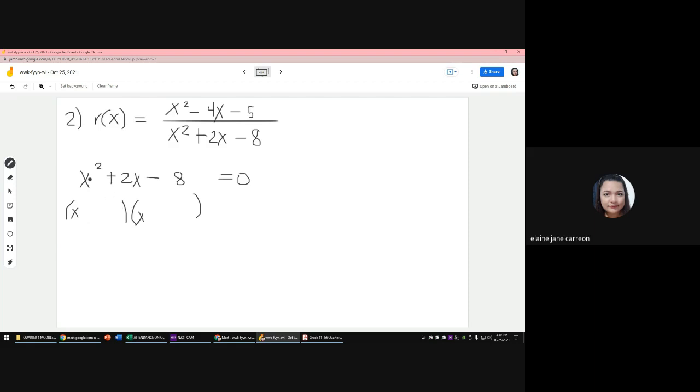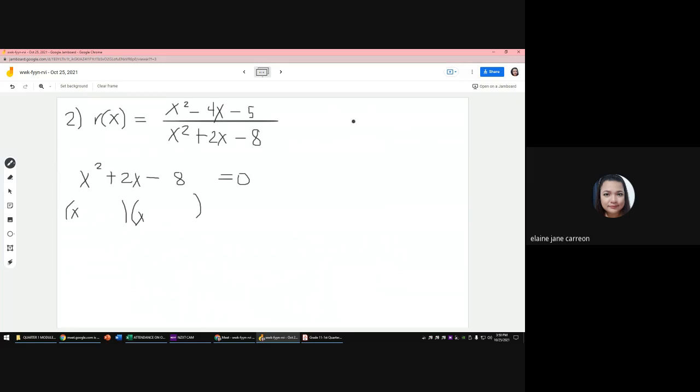So the square root of x squared is x. The factors of negative 8, when you combine it, you will obtain positive 2. Ulitin ko, ano yung mga factors ni negative 8? Pagka inad mo or kinumbine mo, makukuha mo positive 2. Ano yung mga factors niya?